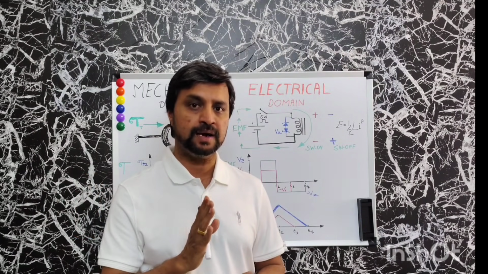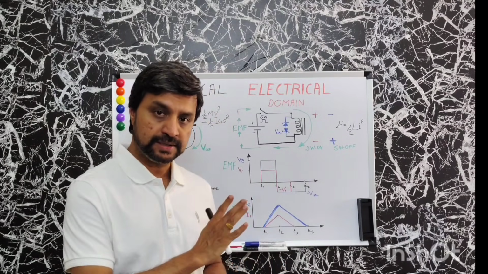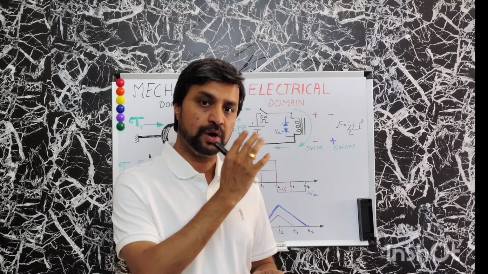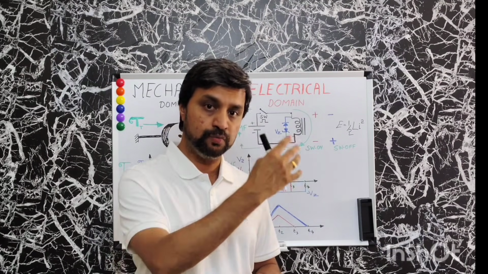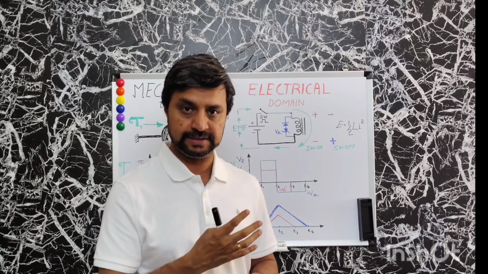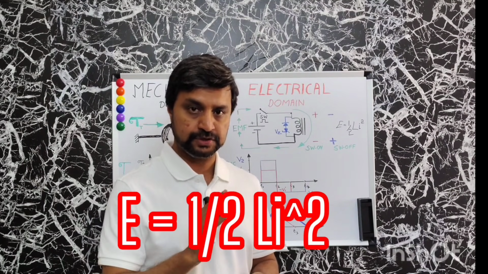M stands for the mass, v stands for the velocity. Same way, in an electrical world, an inductor can store energy as long as there is a current through it, a movement through it. And the equation for the stored energy of an inductor is given by energy is equal to half Li square.